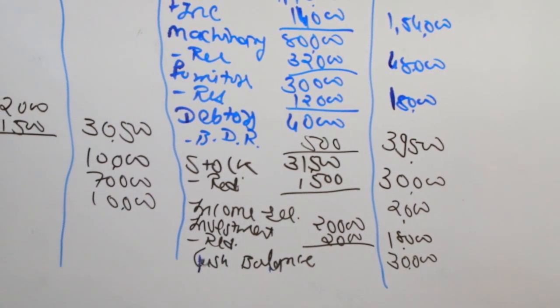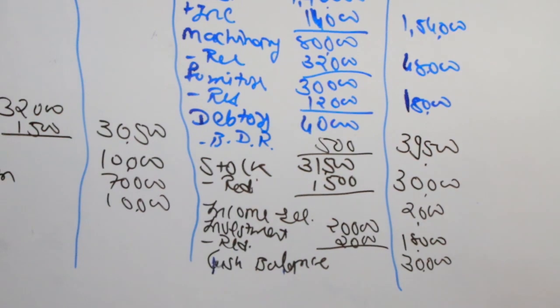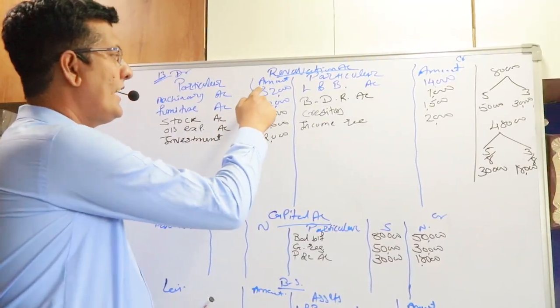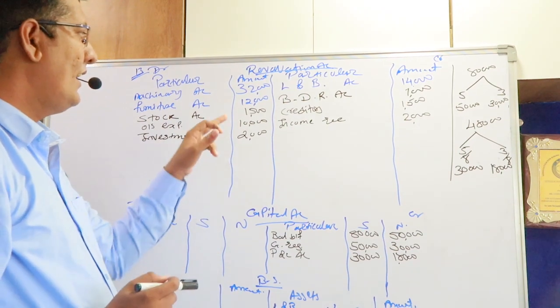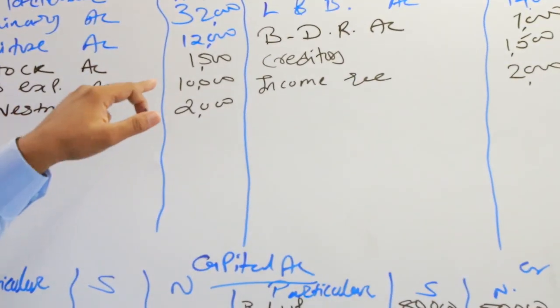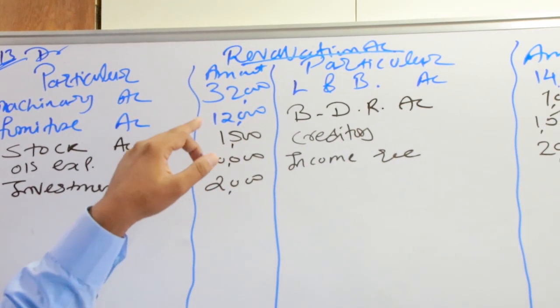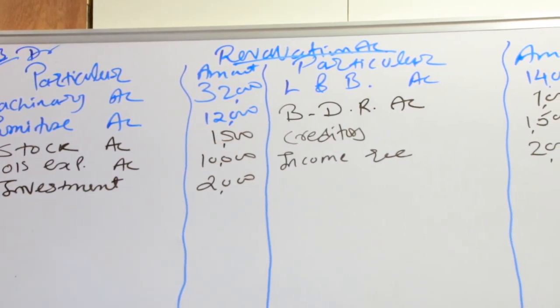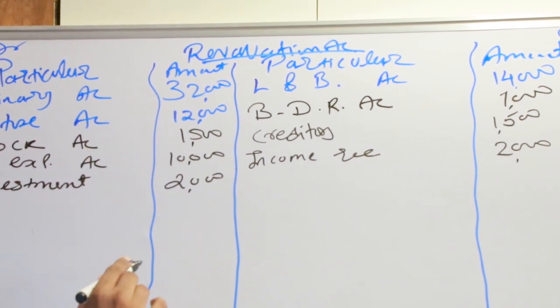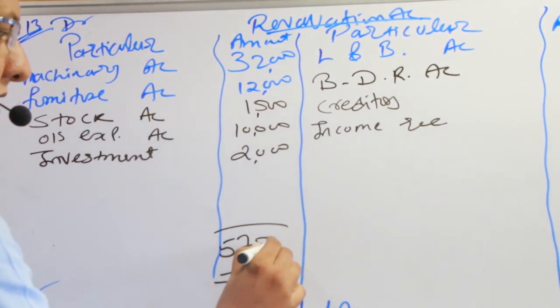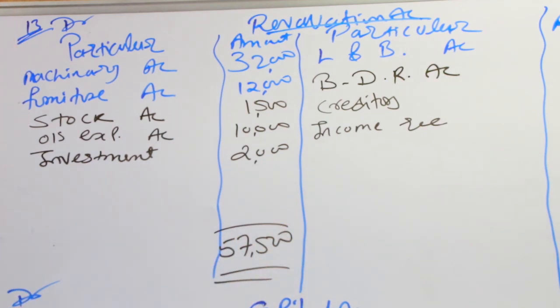Now we close the revaluation account. Okay. Total on the debit side: 32 plus 12, 44 plus 10, 54 plus 2, 56 plus 1,500, 57,500.